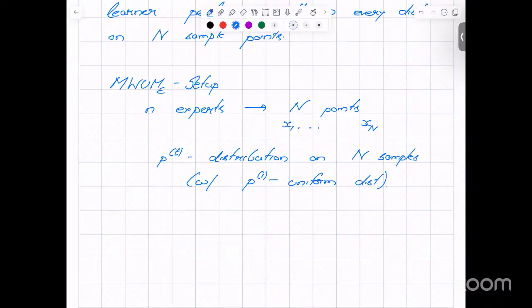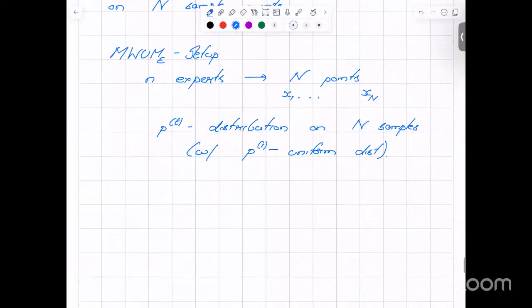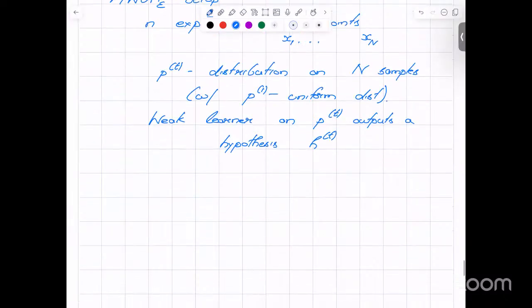What does the weak learner give me? If I run the weak learner on PT, what do I get? It outputs a hypothesis HT.